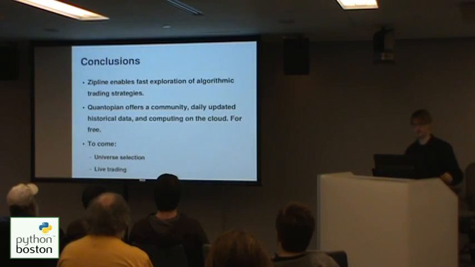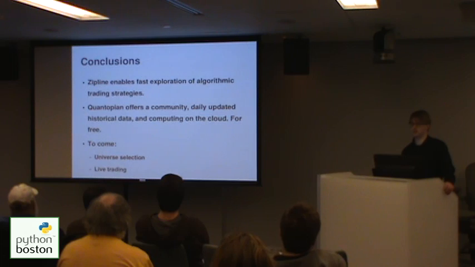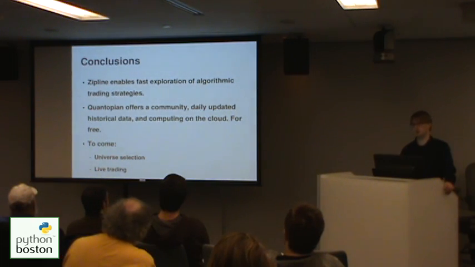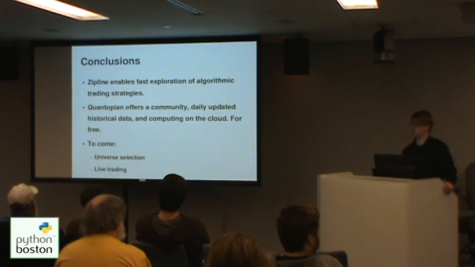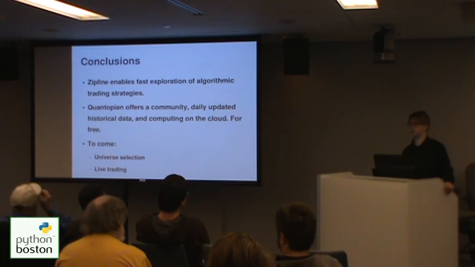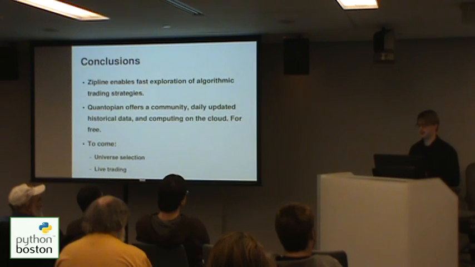So to wrap up, I showed you that Zipline enables fast exploration of algorithmic trading strategies. If you really want tight control, I think it's a really decent toolkit. However, at Quantopian, we really want to build a community around algorithmic trading.